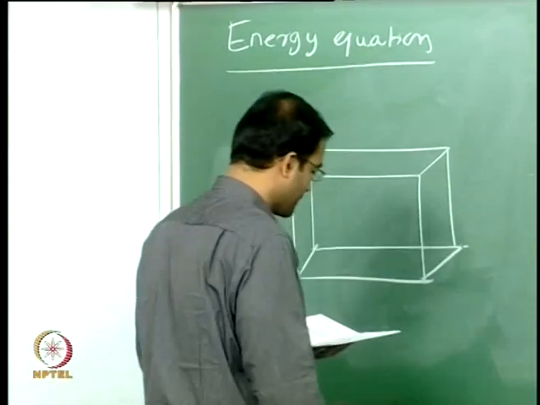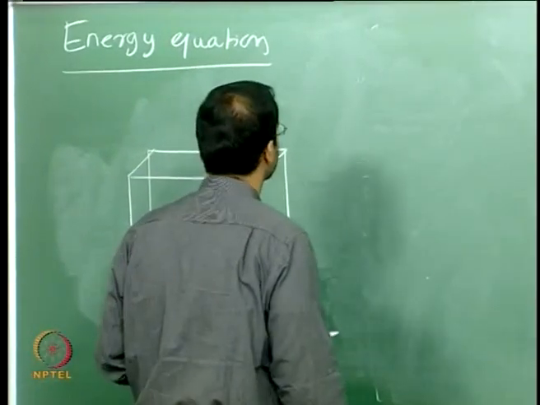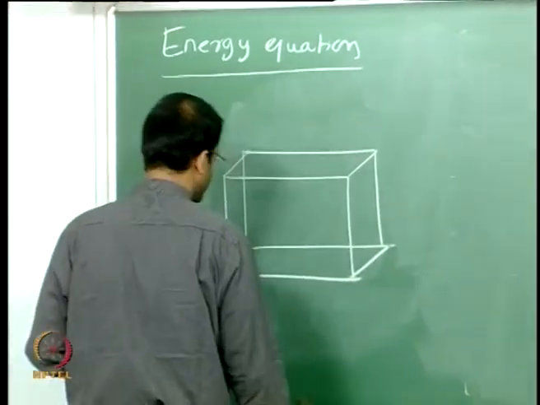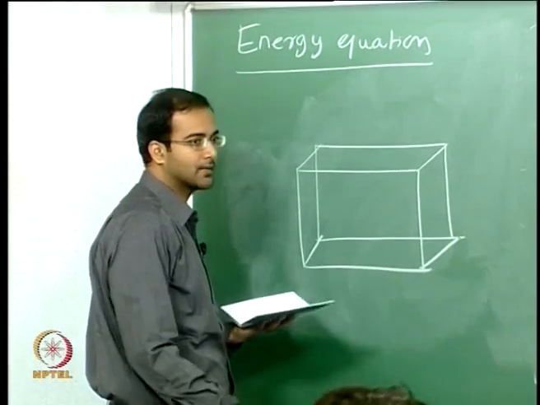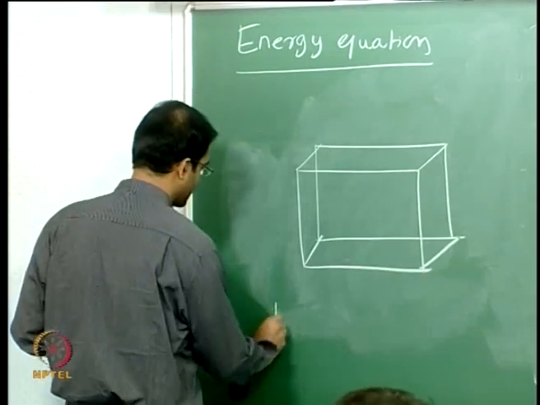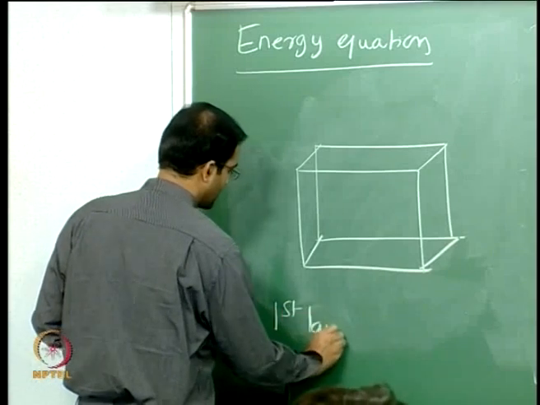So when we come to energy, we have to be very clear what is the balance of energy that we want to do. So once again, just like we have a mass balance, we will write down the first law of thermodynamics for a control volume.